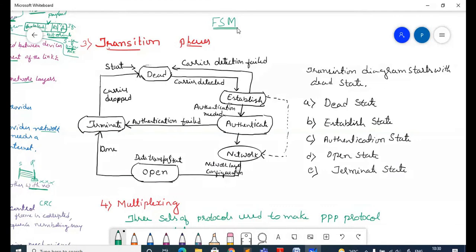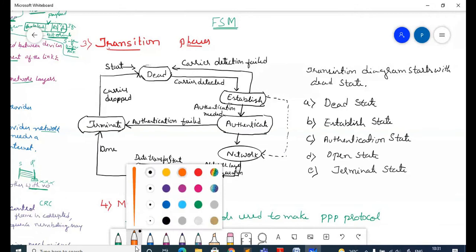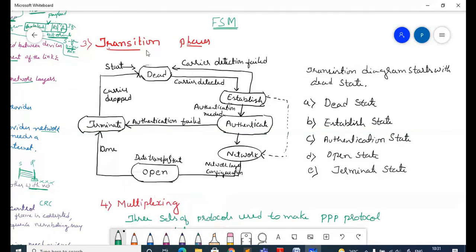Here you can see I have specified some states. Whenever there is a particular event, say I have a mouse, if I click on something, it will perform some operation. If I click on this pen, I get this particular pen color. That is an event. Similarly, whenever an event happens, a particular operation takes place and it changes the state from the current state to some other state. That is represented as a transition.